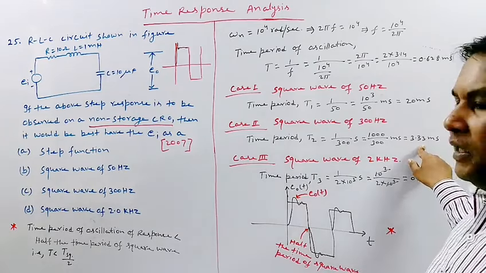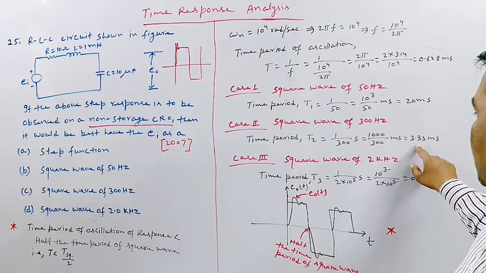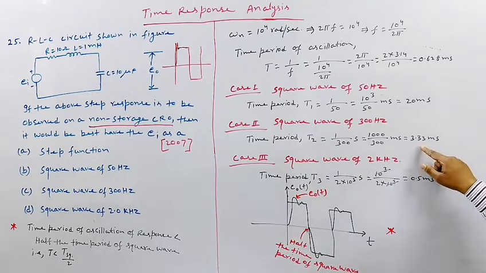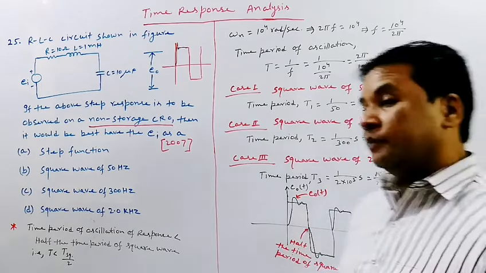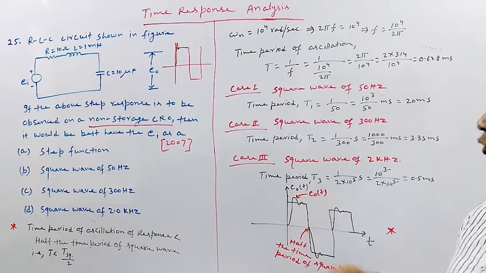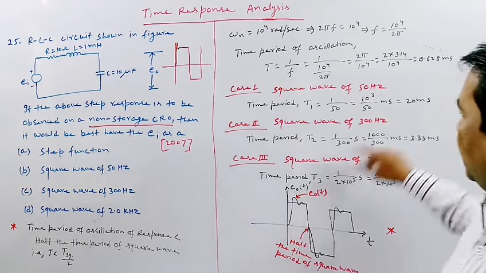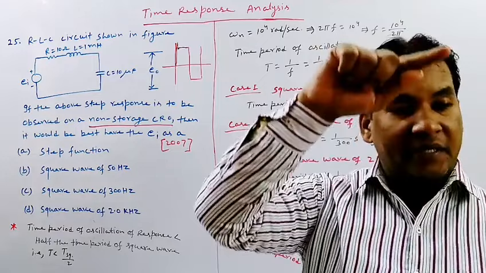T2 by 2 will be equal to 1.666, so it is greater than 0.628, and it is also comparable with 0.628. So this one will be the most appropriate to show the response, because if it is too large, we will see only a spike.